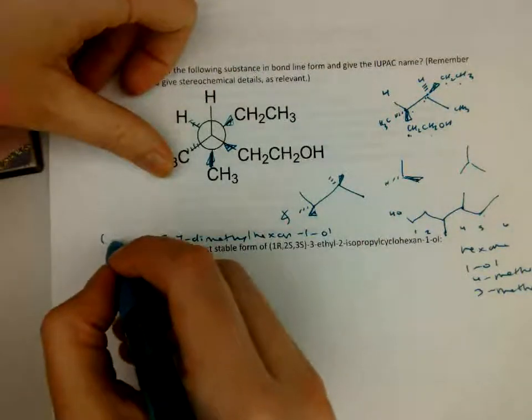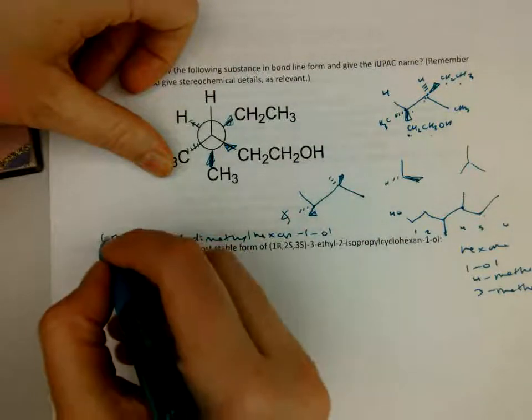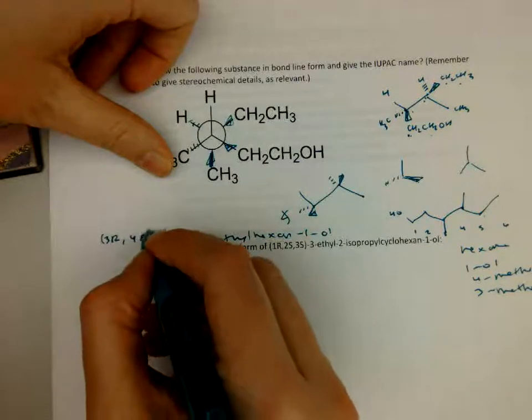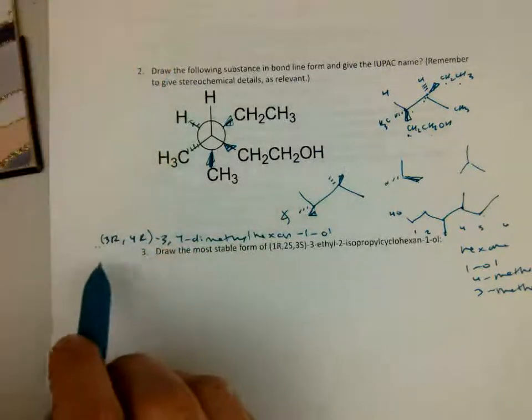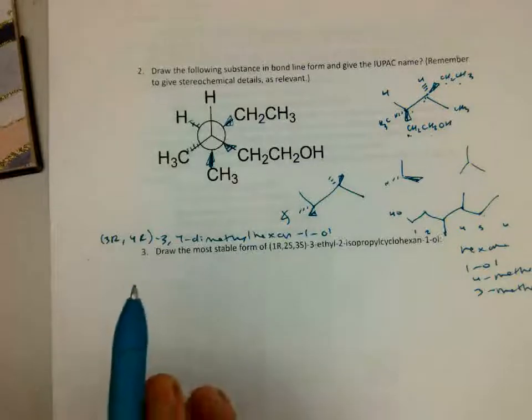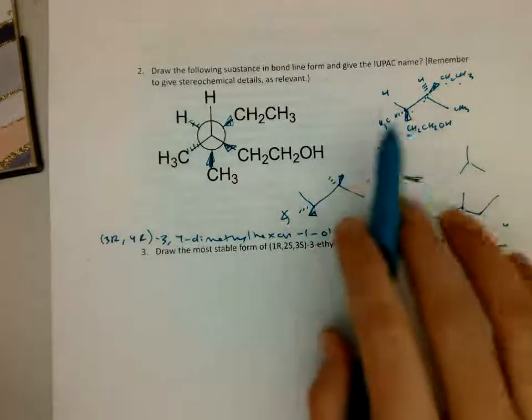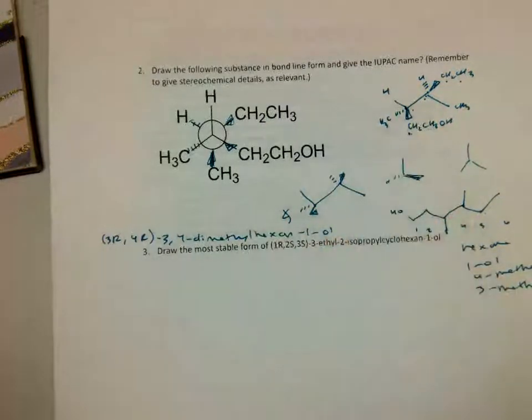And technically, you would need to assign 3R, 4R, whatever it is here. That's not necessarily right. I'm just putting that there. But in this case, I think that this question tests the concept enough, so you don't need to worry about assigning those. If you want to, you can, but it's not a priority.